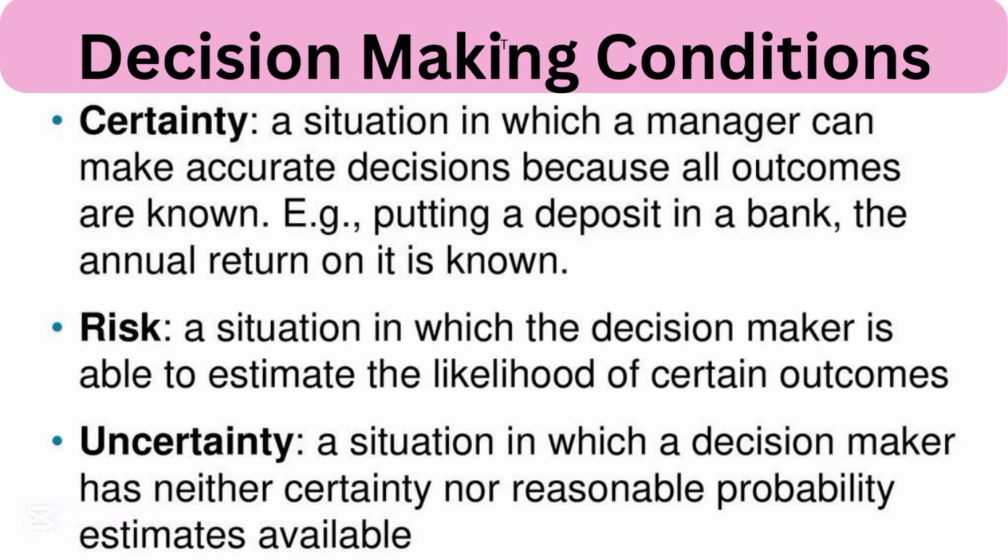Risk: a situation in which the decision maker is able to estimate the likelihood of certain outcomes. Uncertainty: a situation in which a decision maker has neither certainty nor reasonable probability estimates available.